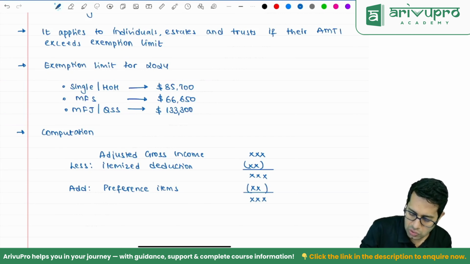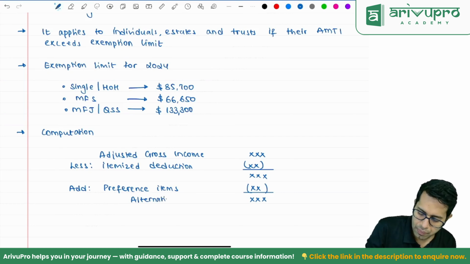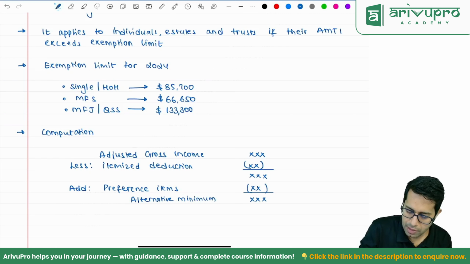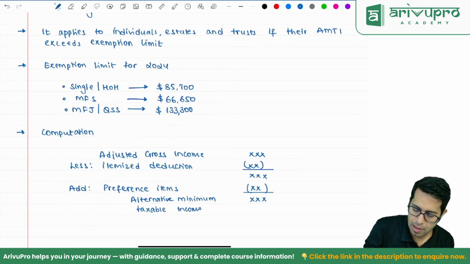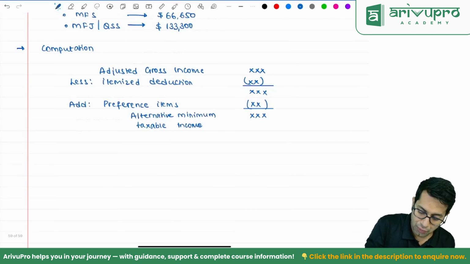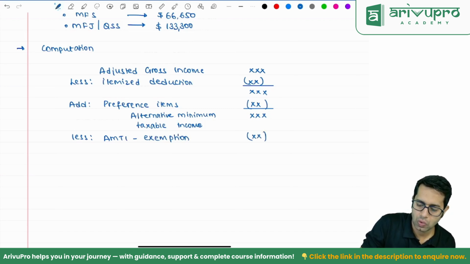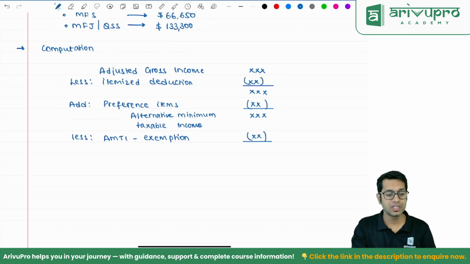The amount which you have got is called the alternative minimum taxable income. From this you subtract the alternate minimum taxable income exemption, depending upon your filing status.